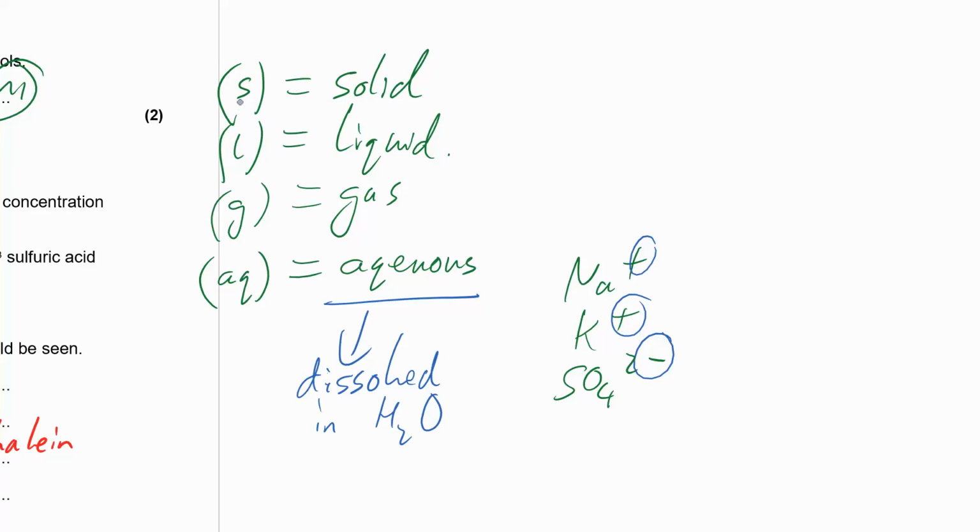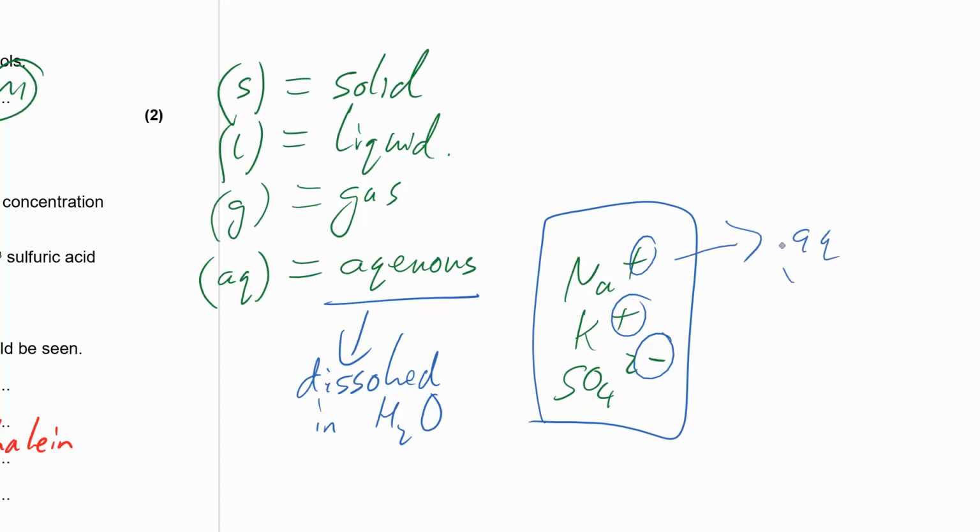They correspond to S, L, G. AQ is aqueous, which means dissolved in water. Generally speaking, ions are going to be aqueous most of the time, so they will be dissolved in water. If you've separated them out, they're going to be AQ.